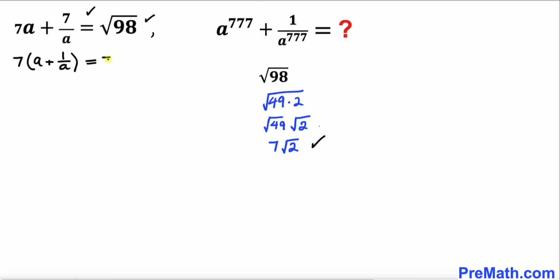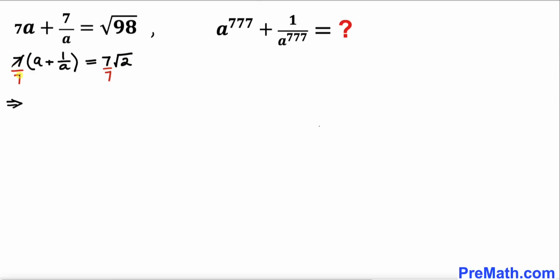Now let's divide both sides by 7, and the 7s are gone. So we end up with a plus 1 divided by a equals the square root of 2. Let me call this equation number 1.